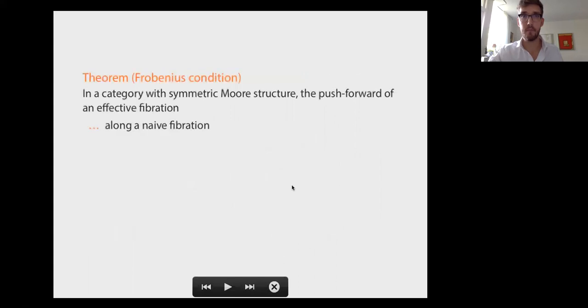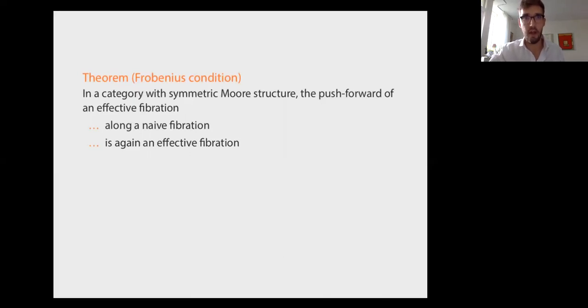Right. So the main theorem of the first part of this paper is that if we have a category with symmetric Moore structure, and I take the pushforward of an effective fibration along a naive fibration, so that's a bit more general than you initially want, then that is again an effective fibration, and functorially so.